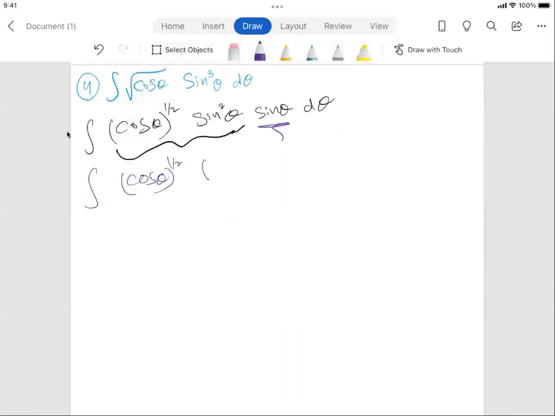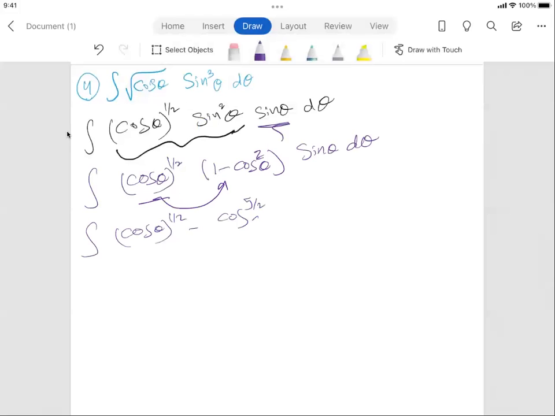Sine square is simply 1 minus cosine square of theta. And I have sine of theta here and d theta. So distributing this term, you will have cosine of theta to power 1/2 minus cosine of theta to power 5/2. And I have sine of theta outside d theta.